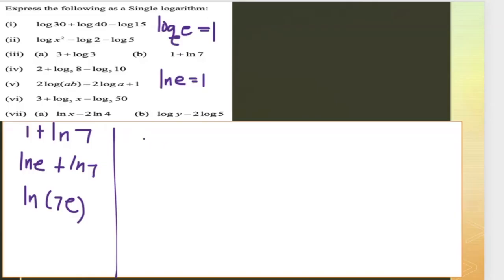Another one that we have here: 2 plus log base 5 of 8 minus log base 5 of 10. The 2 again you have to change. And remember what I said, when we're changing it, we rewrite 2 as 2 times 1.